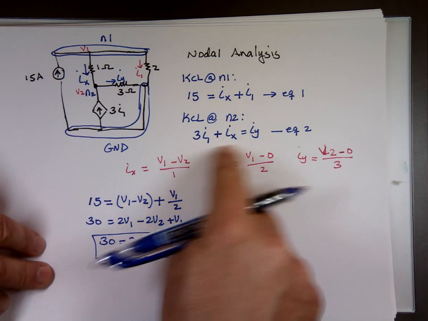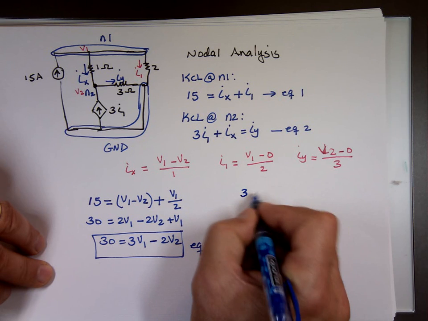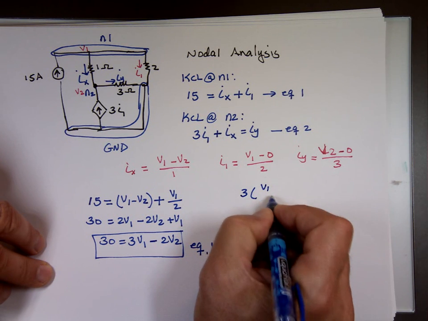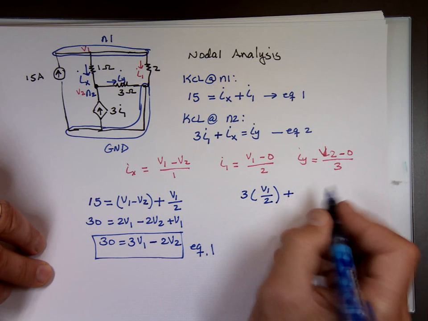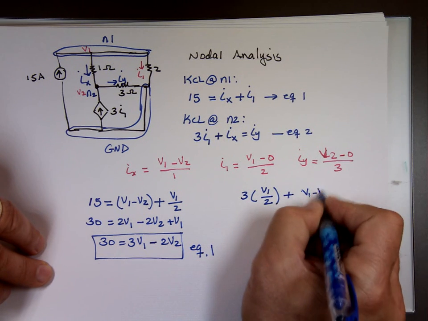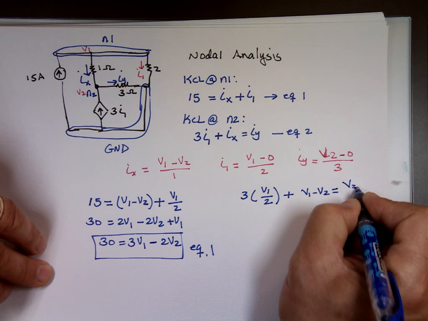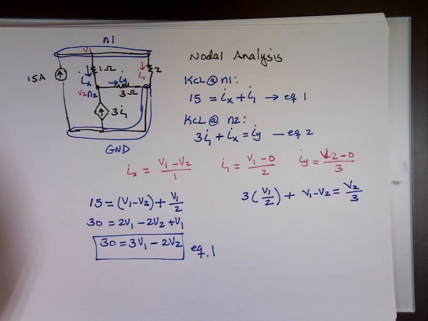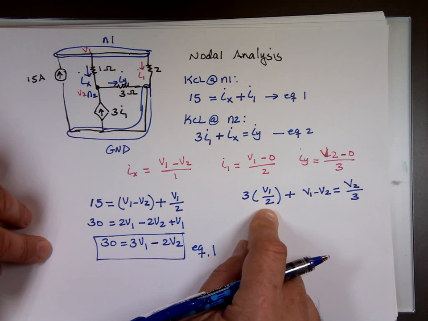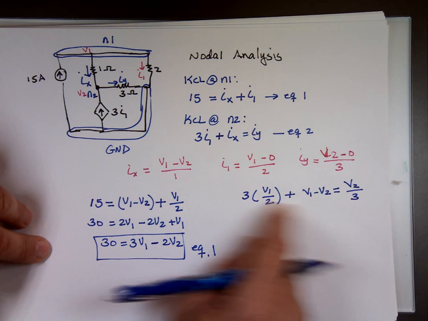Let's take the second equation. 3I sub 1. What is I sub 1? V1 minus 0, which is V1 over 2, plus I sub x, which is V1 minus V2, equals I sub y, which is V2 over 3. What's my LCD here? 6. The 2 will cancel.